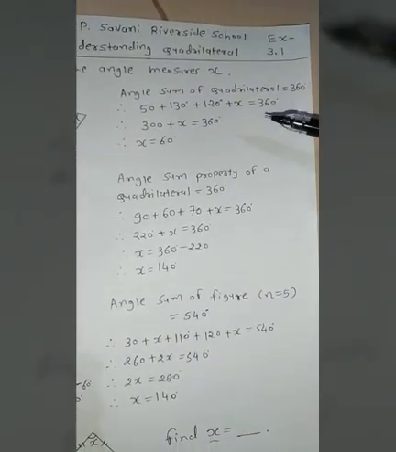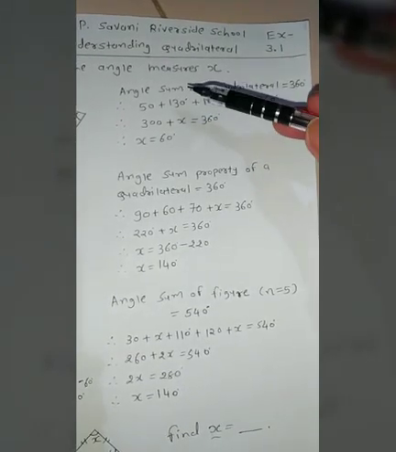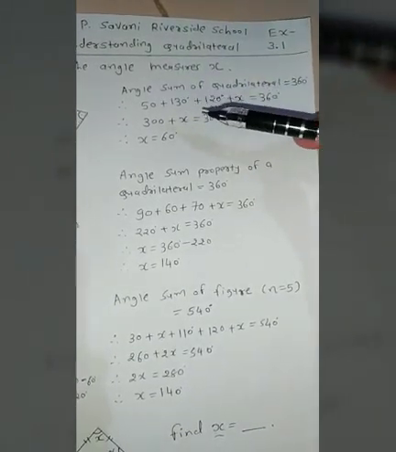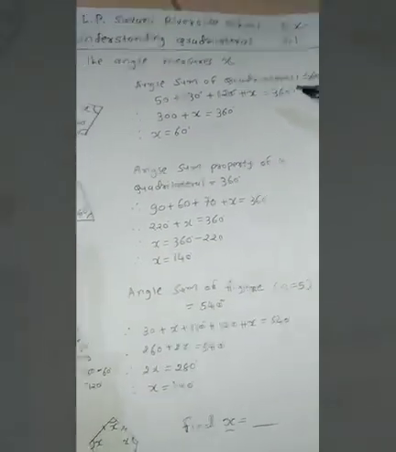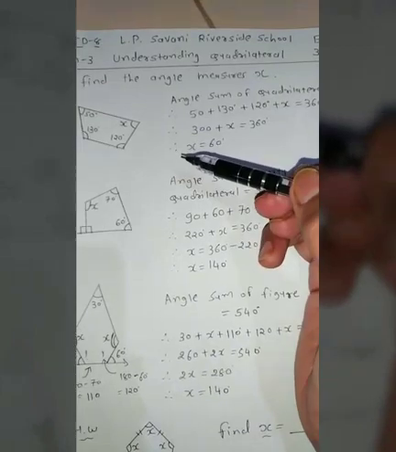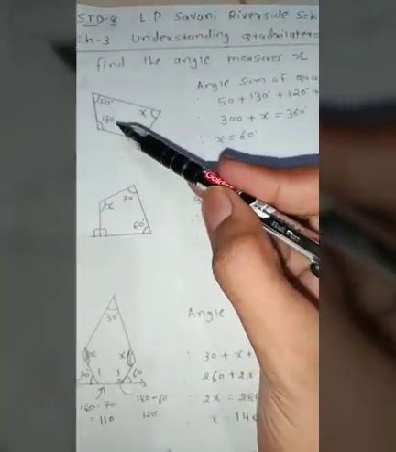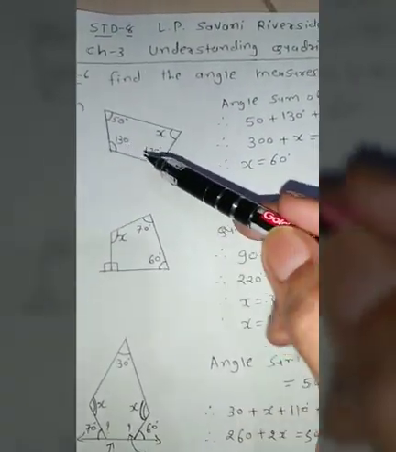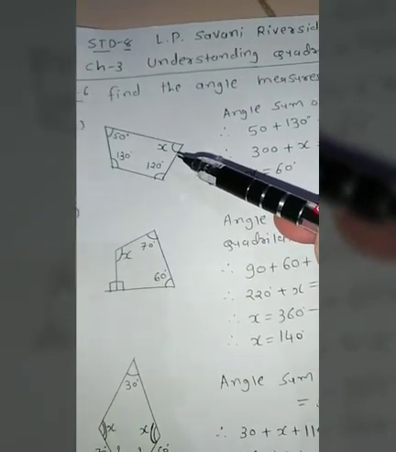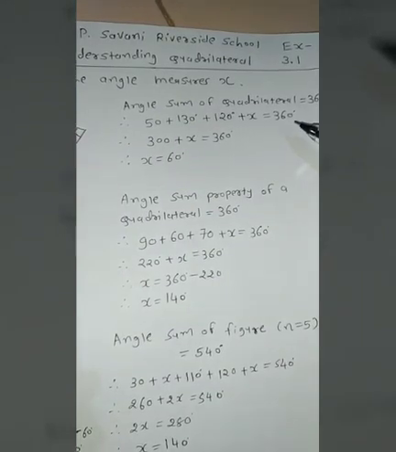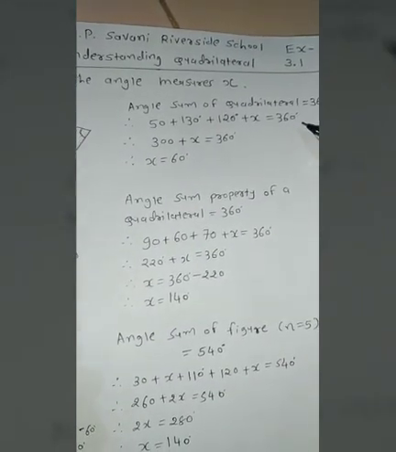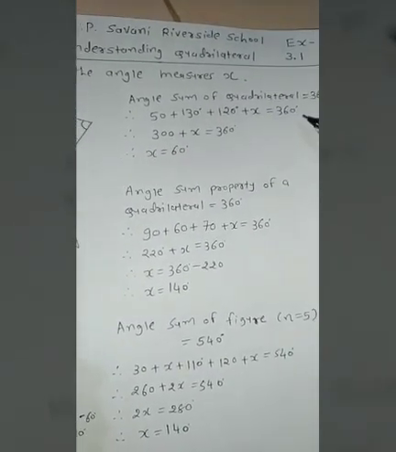In the previous lecture, we learned the equation of angle sum. So by using this, we find 360. After that, I compare: 50 plus 130 plus 120 plus x is equal to 360, because the sum of these 4 angles is equal to 360.